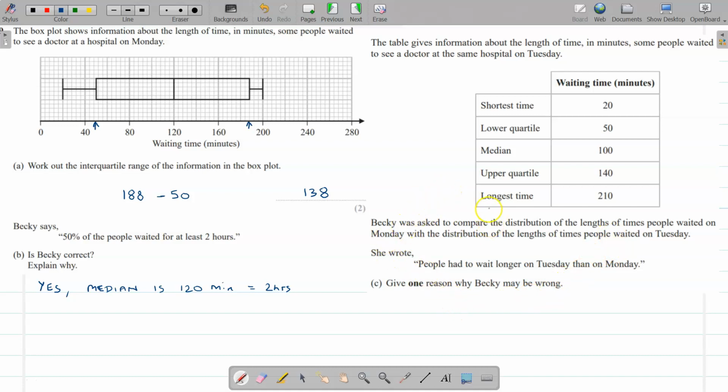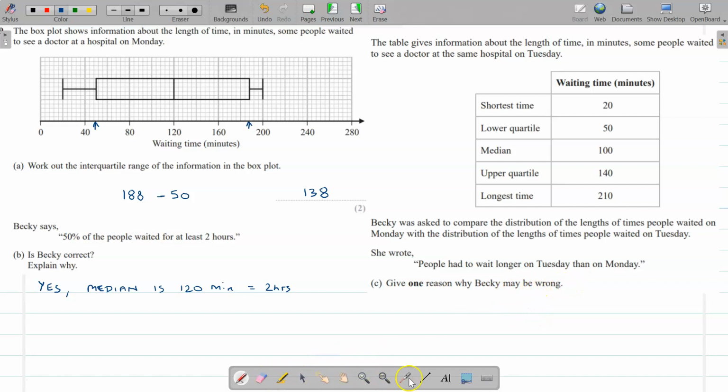Now, Becky looks at some information about Tuesday, that's about Monday, and she was asked to compare the distributions, and she wrote, people had to wait longer on Tuesday than Monday. Give one reason why Becky may be wrong.